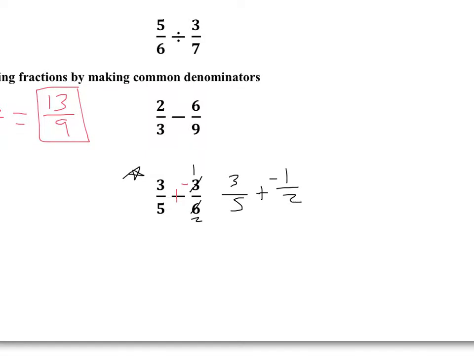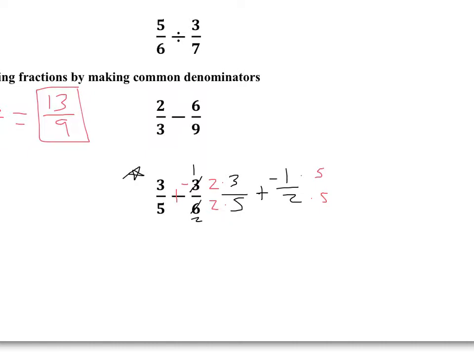Now I need a common denominator. What number can 5 and 2 both go into? I'm not talking about divide by, but go into, so a least common multiple, and that would be 10. So I would multiply this fraction by 5 to get a 10, but in order for the fraction to be proportional, I have to do top and bottom. The left one, to make it a 10, 5 times 2 would do the job, so again multiply top times 2.